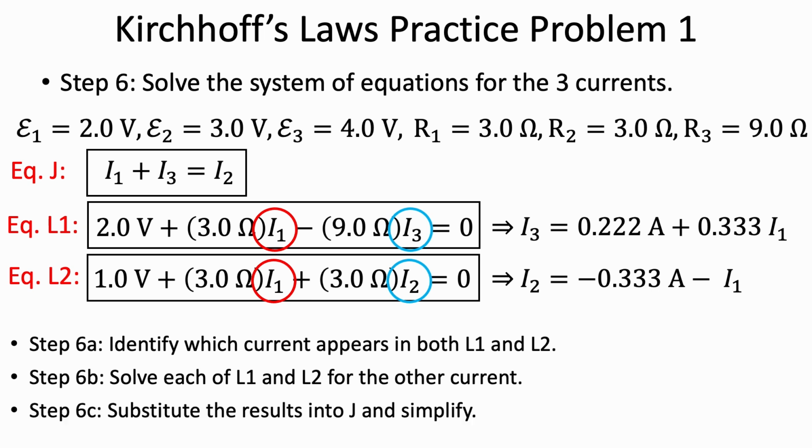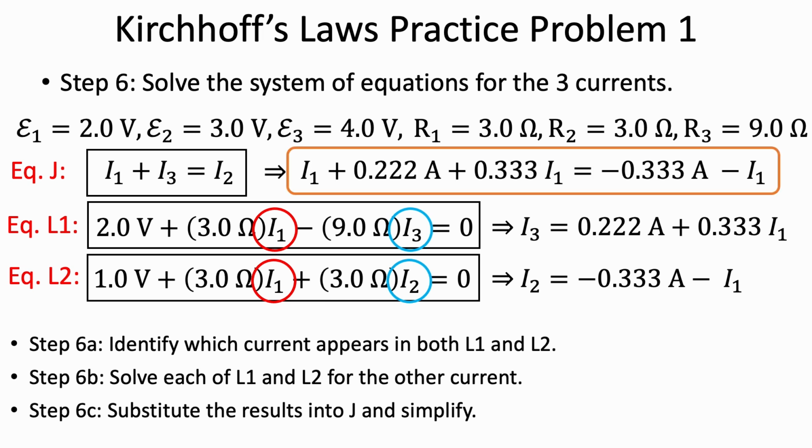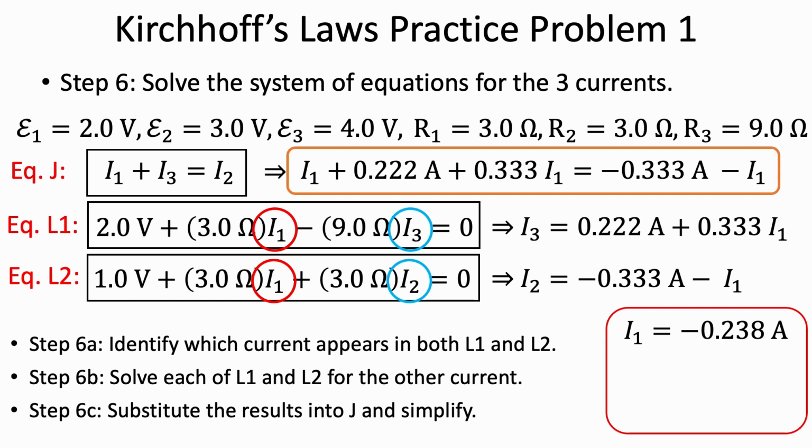We can now substitute these results we just obtained for I2 and I3 into equation J, which then becomes this. Notice how this new equation boxed in orange only has I1, which means we can solve it to determine I1. After some simple algebra, we find that I1 is equal to negative 0.238 amperes.